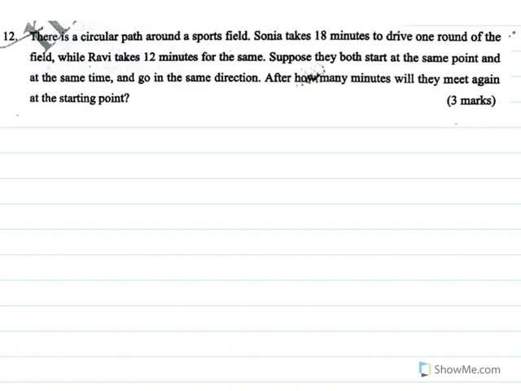There is a circular path around a sports field. Sonia takes 18 minutes to drive around the field, while Ravi takes 12 minutes for the same. Suppose they both start at the same point at the same time and go in the same direction. After how many minutes will they meet again at the starting point? So first we have Sonia, and for every one round she takes 18 minutes.